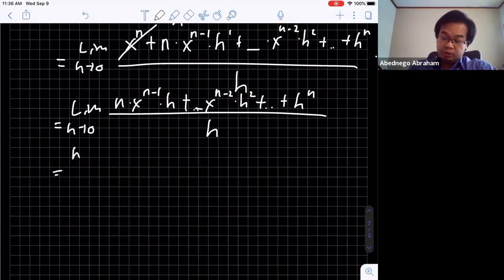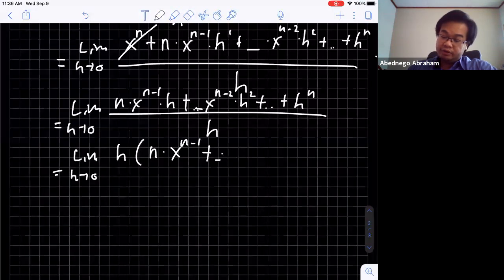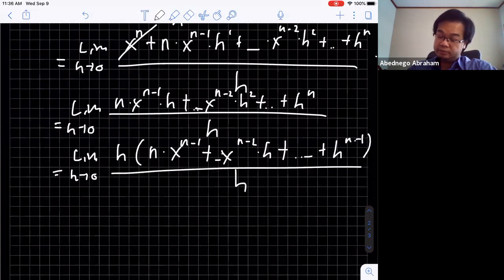So what we can do right now is to factor out the h. So we have n times x to the power of n minus 1 plus the coefficient x to the power of n minus 2 times h plus until h to the power of n minus 1, over h.